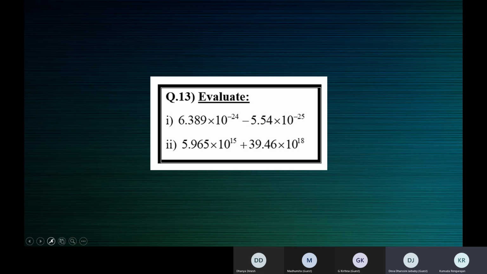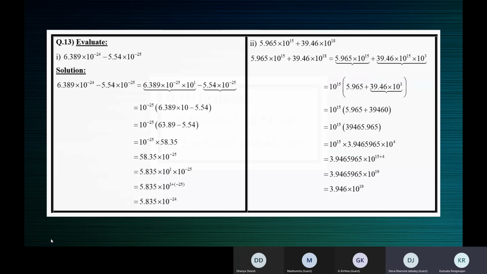Evaluate 6.389 into 10 to the power minus 24 minus 5.54 into 10 to the power minus 25. Evaluate means find the value of. See the first one, children.